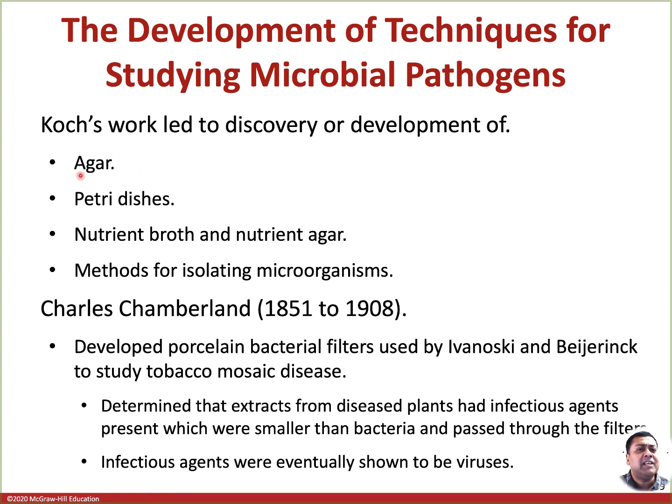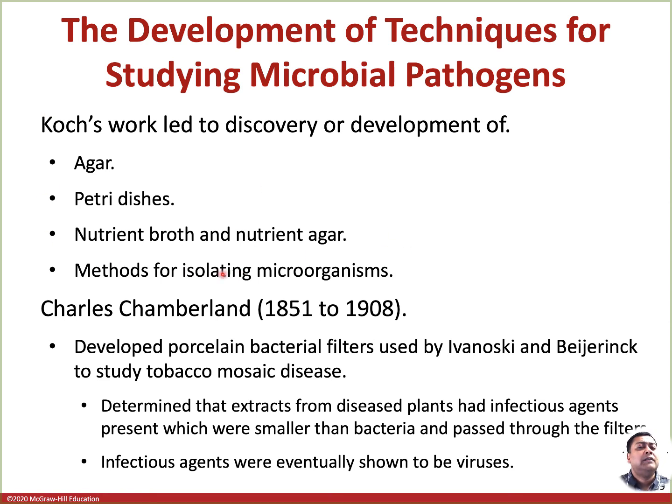It is gelatinous, and what you do is you use a petri dish and a medium with the agar, and you form basically a semi-solid gel-like structure on the petri dish. That is a gold standard to grow many of these microorganisms. So you can grow them in a broth culture called nutrient broth, or you can grow them on nutrient agar media on the petri dishes. We'll talk about that somewhere else as well.